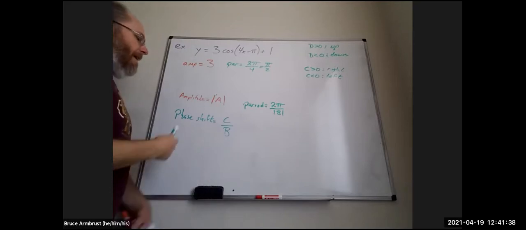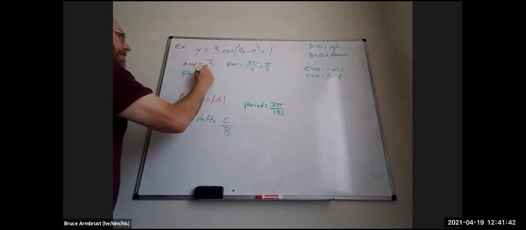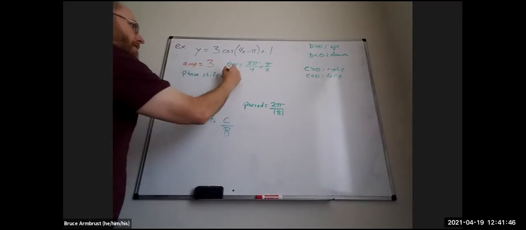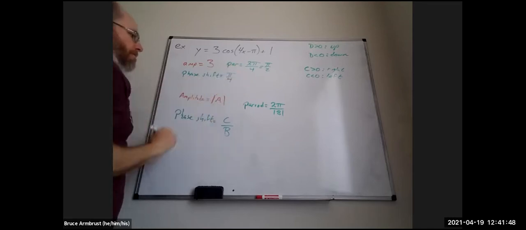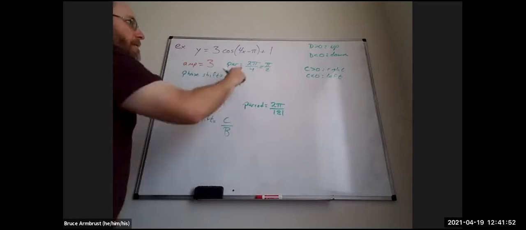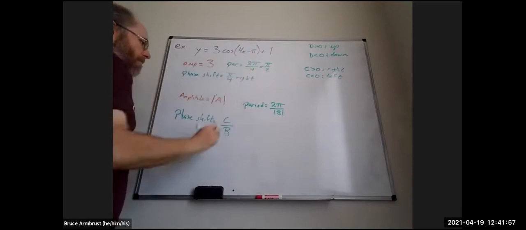All right, and then lastly, our phase shift. It's going to be pi over 4, right, C over B. And because of the minus sign, I'm going to put here right.